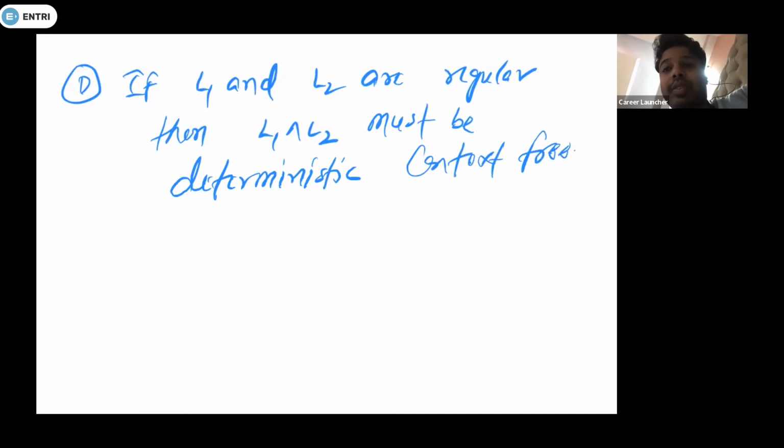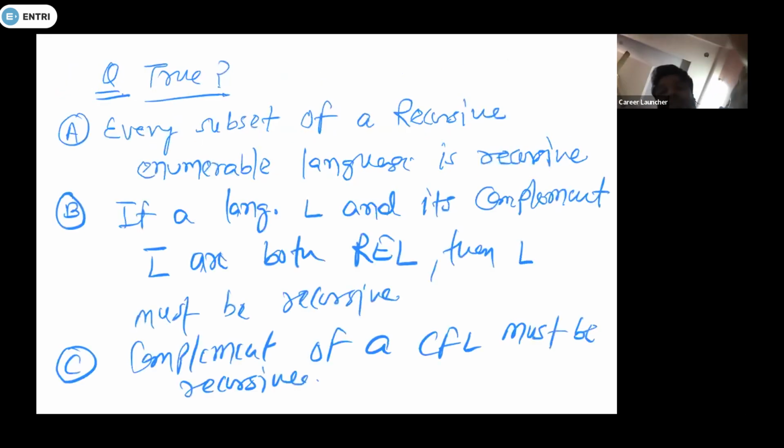So let's see this one. Which one is true here? Every subset of a recursive enumerable language is recursive.